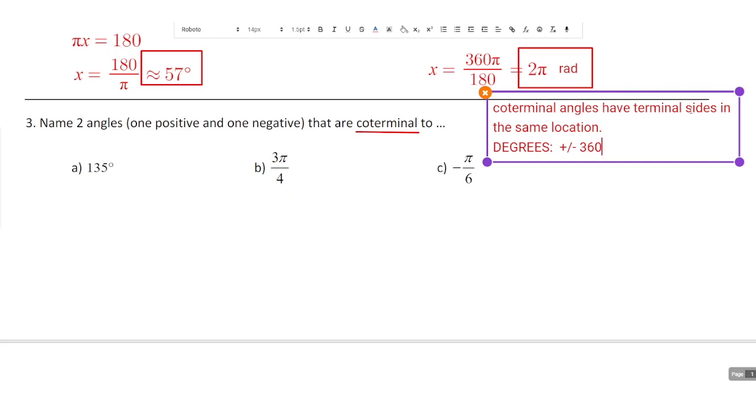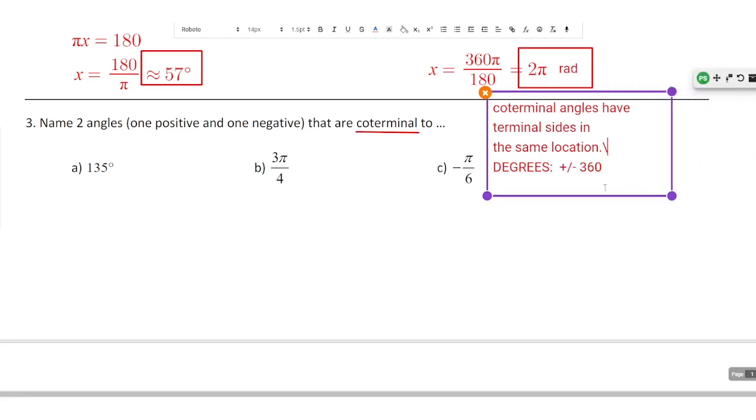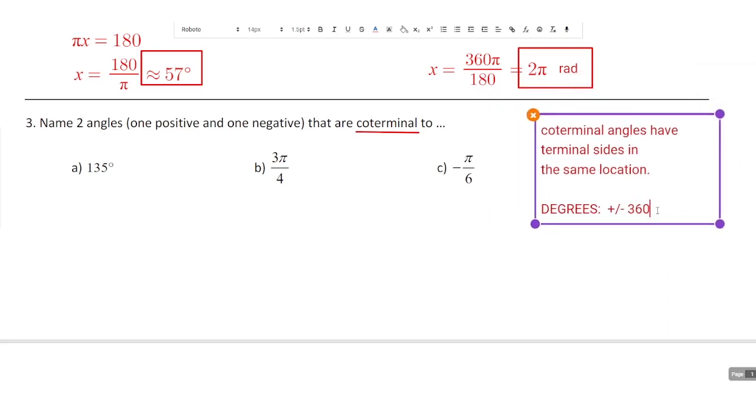So 360, 720, 1080, all those will work. Basically what you want to do is go one full revolution around the unit circle. So if you're in degrees, that'll be 360. If you happen to be in radians, then instead of adding or subtracting 360 degrees, you're going to add or subtract 2 pi.